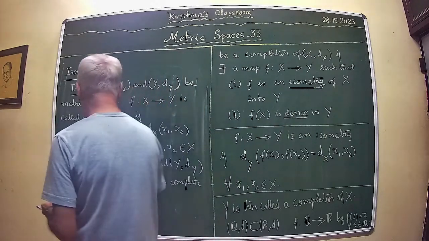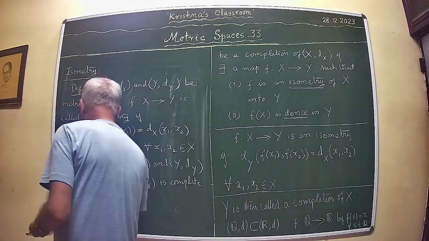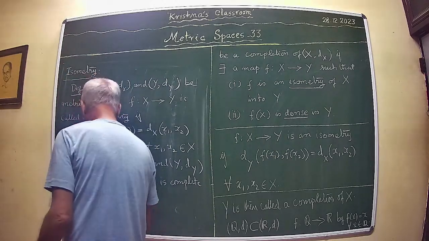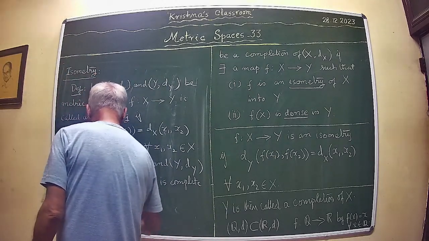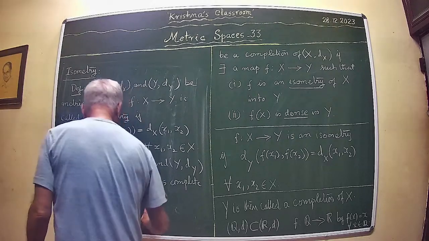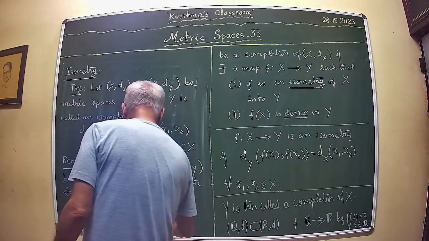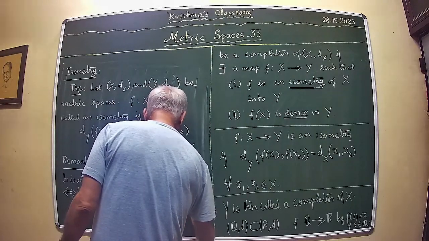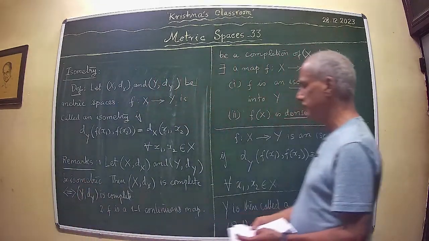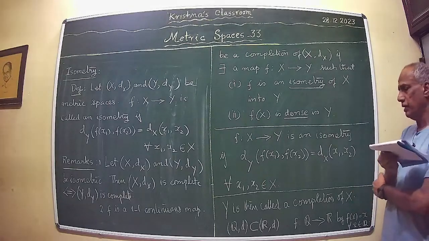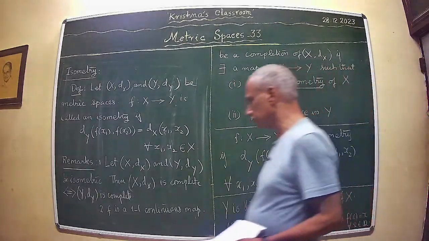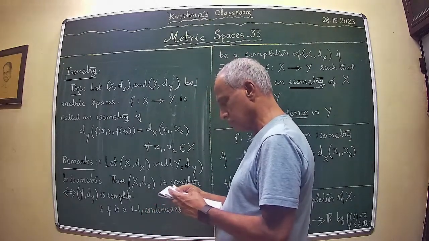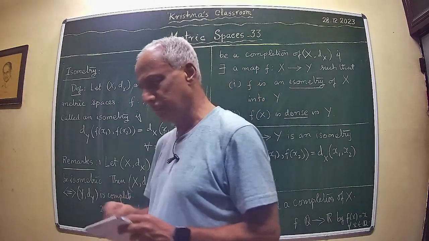Now as that is one of the properties, the second remark I want to make is this. An isometry is one-to-one and continuous. We look at some examples here to understand this.